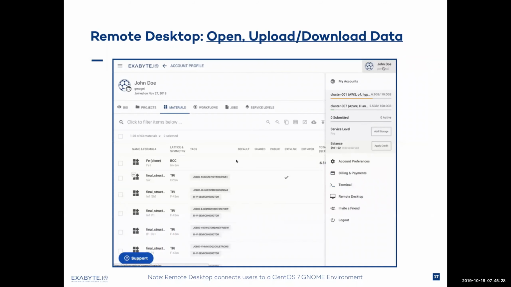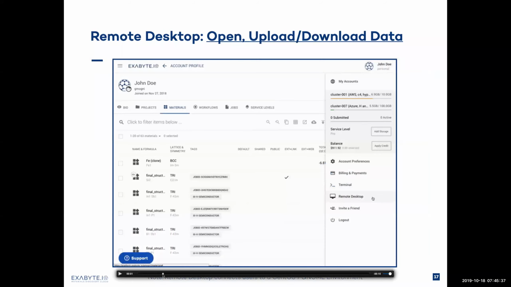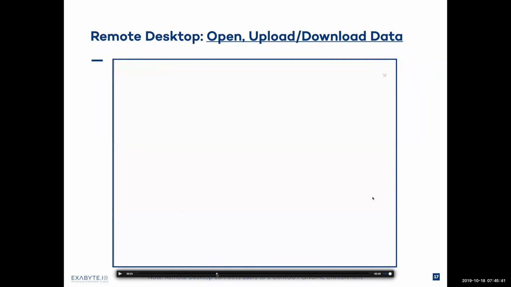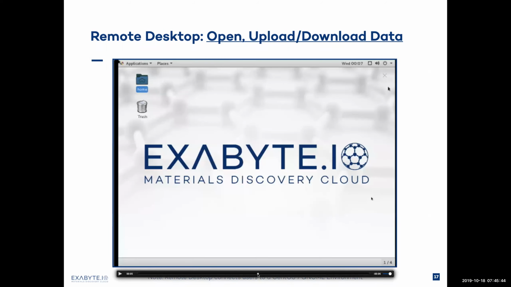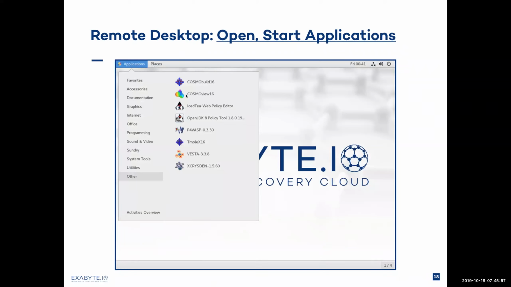Now, the third option is the remote desktop, which is a graphical interface environment, a full desktop environment, that also can be opened in a similar way through the right-hand sidebar, as I'm demonstrating here. And when connected, you are presented with this view of the desktop. So this is a standard CentOS 7 GNOME desktop system. And users can use multiple applications within that environment.